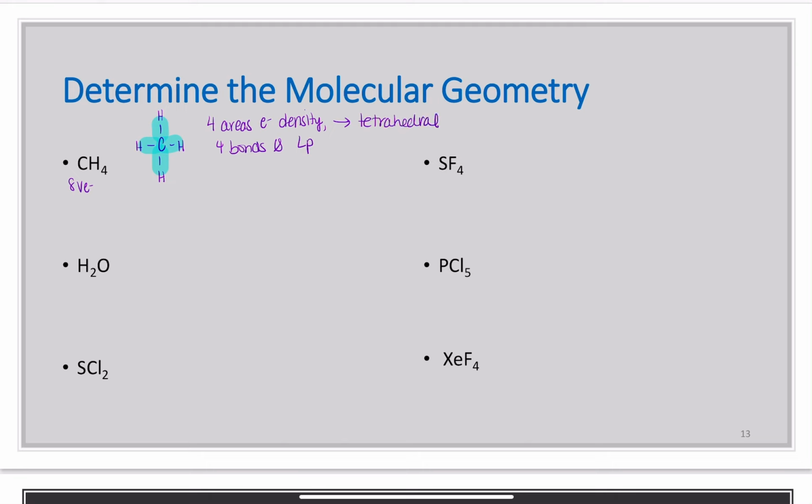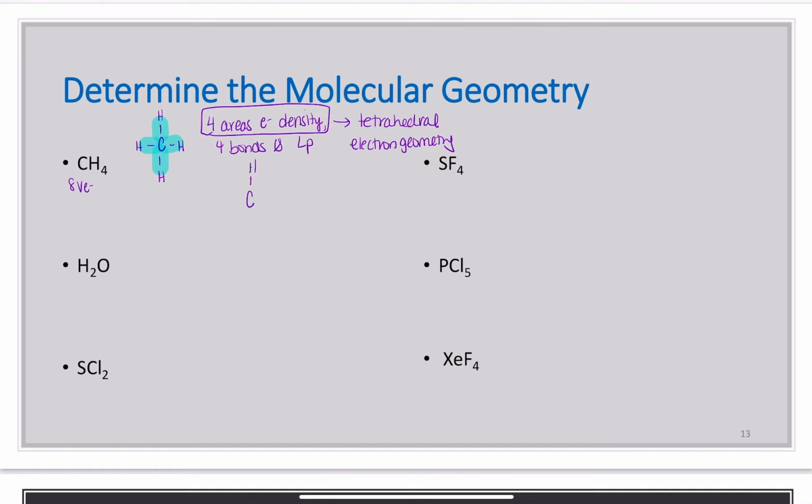So your electron geometry is based on how many areas of electron density you have. Doesn't care if they're bonds, doesn't care if it's lone pairs. Electron geometry only matters on how many areas of electron density. Determine that first. Once you determine that, you can then draw it in that structure and see what it looks like in 3D space.